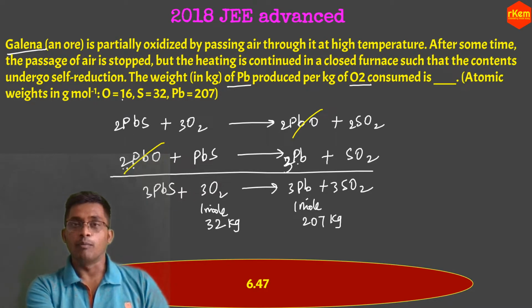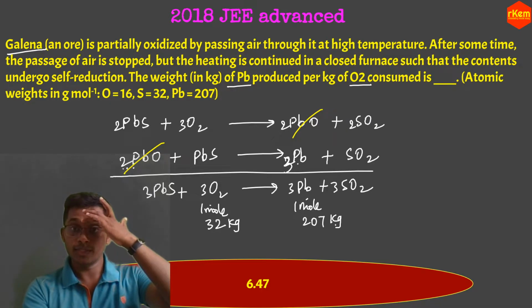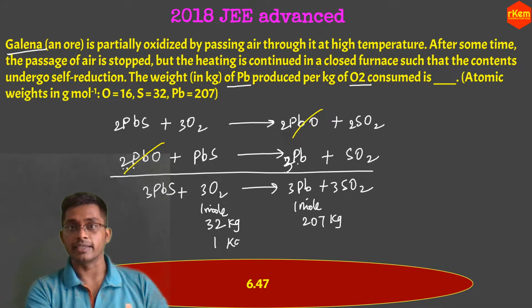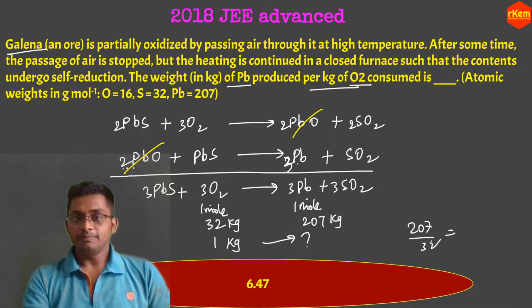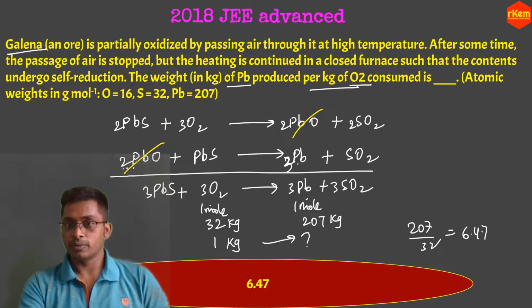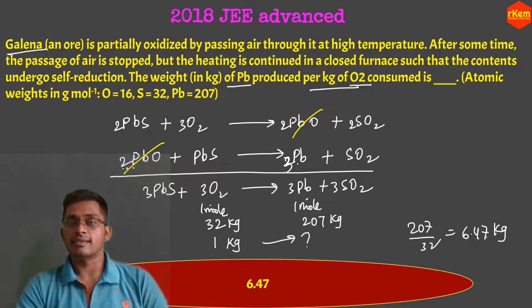Here molar masses are given, 32 kg, 207. 1 kg per kg of O2. What is the weight of lead produced? So simply 207 by 32, right? So what is the answer now? 6.47 kg. This is given as numerical, right?